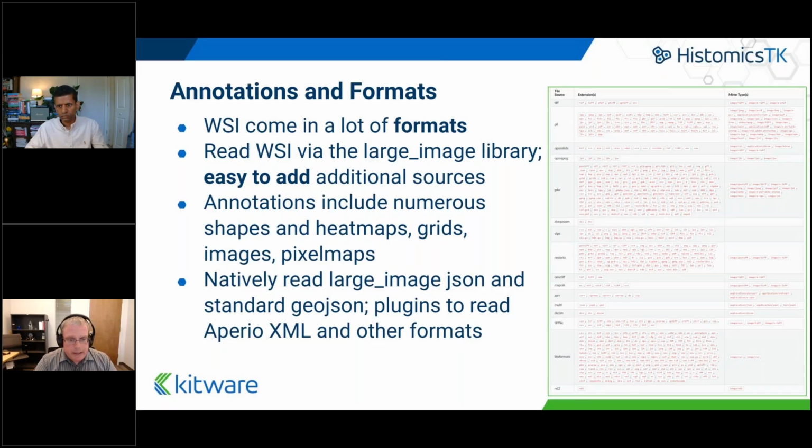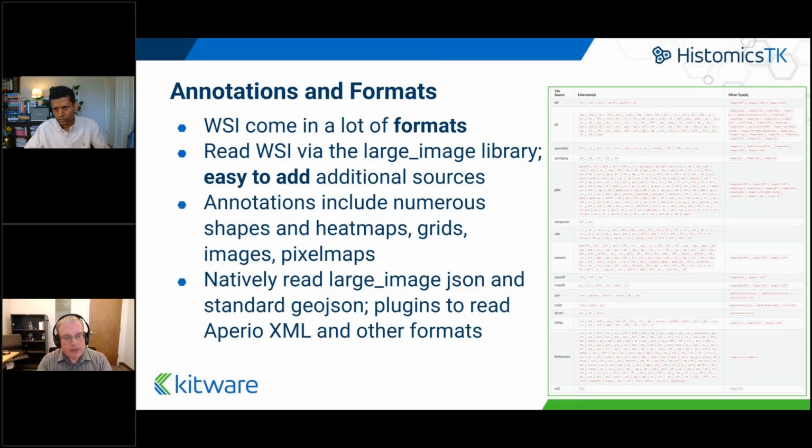And similarly, annotations come in a huge variety of formats. Some of these are common shapes, polygons and lines to represent things, but there's also annotations that are more complex, heat maps and grids and overlay images and pixel maps. And we try to support every type of annotation anyone cares about, and if we haven't covered everything, then it wouldn't be that hard to add more.